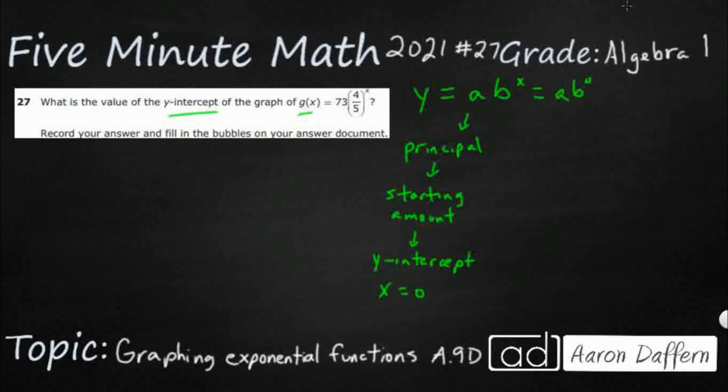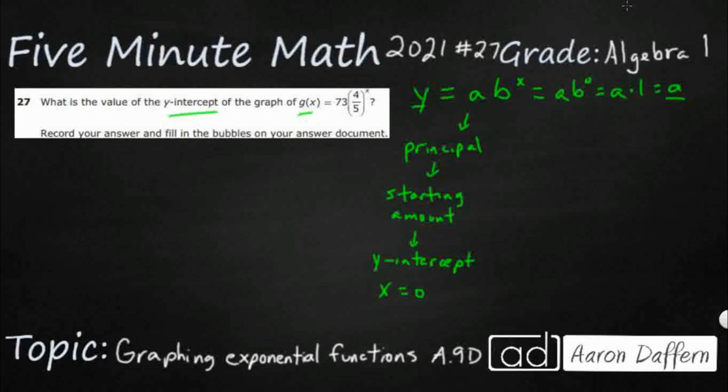So y equals a times b to the 0 when x is 0, but anything to the 0 is going to be simply 1. So let's simplify b to the 0 to a times 1, and a times 1 is just the identity property, it's just a. So when x equals 0, y equals a. And that's exactly what we're needing.